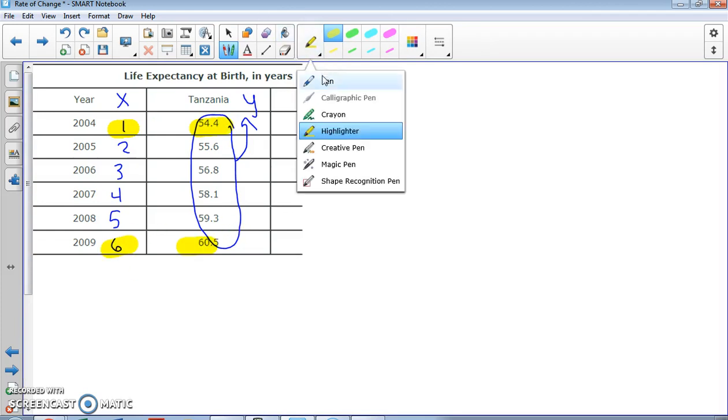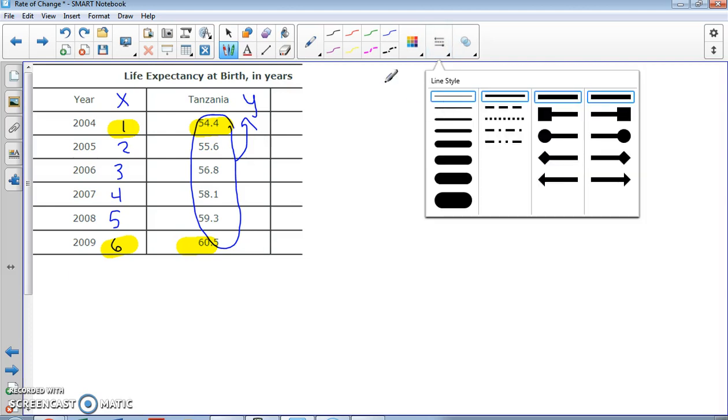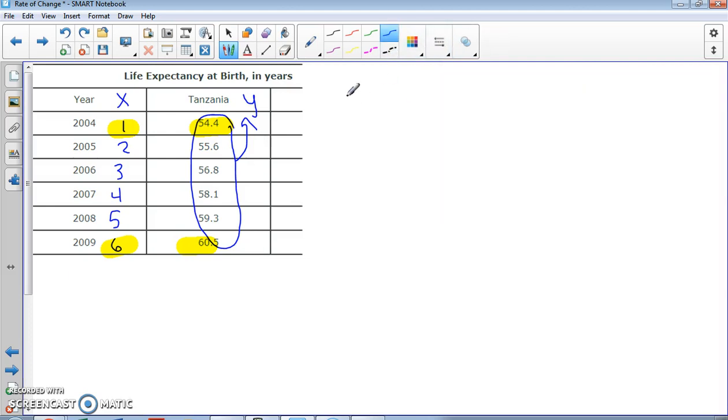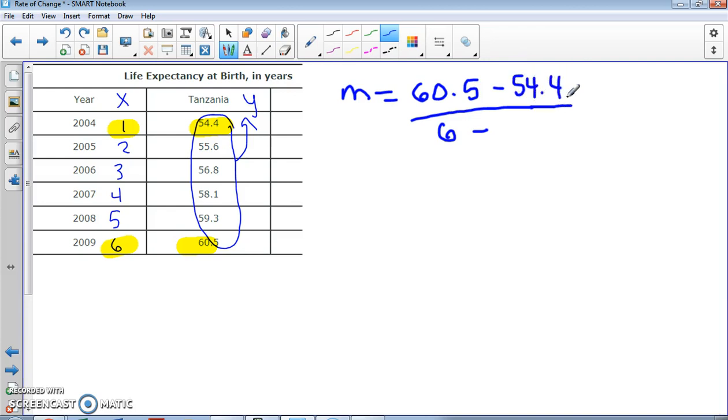So the first thing we need to do is find the slope. So I'm going to do my y, corresponding x on the bottom, minus the other y value, and then x minus x. So we calculate this here.